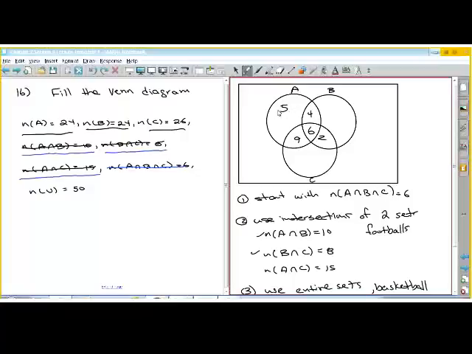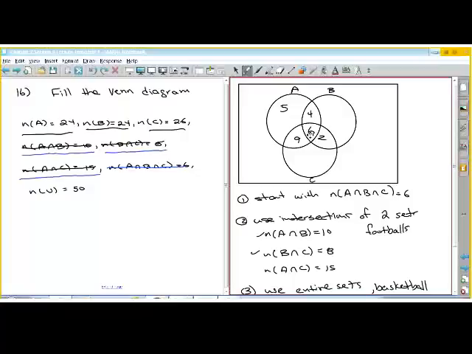So you can do it 2 ways. You can add these 3 numbers together and say, what do I need to put in there to make the total? Or I can take this number and subtract whatever's left over. So how many are in this part that I haven't filled out? It's 24 total. How many do I already have? So what's the total here?